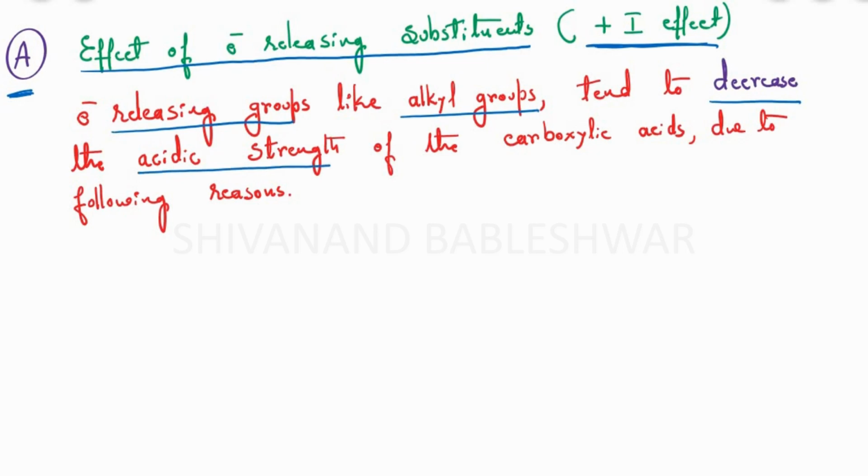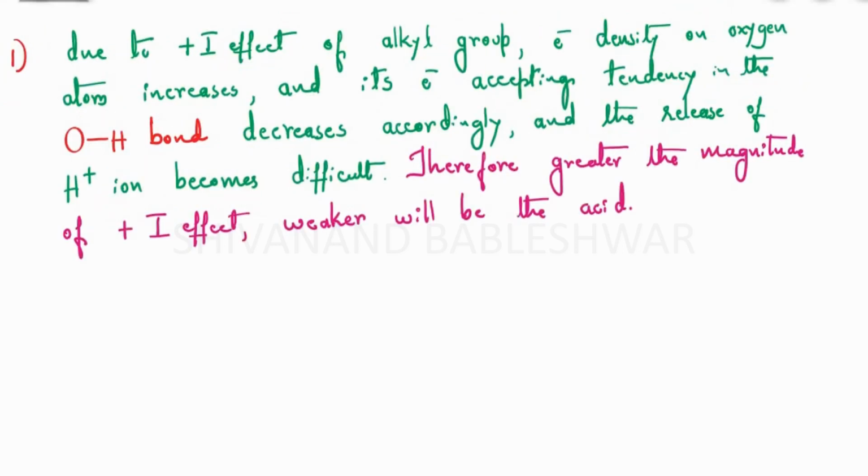Remember students, very important, alkyl groups are going to decrease the acidic strength of carboxylic acids due to the following reasons. The first reason is that because of this plus I effect of the alkyl group, the electron density on the oxygen atom goes on increasing. Now let us try to understand how it is going to increase.